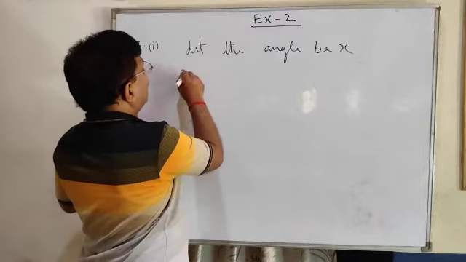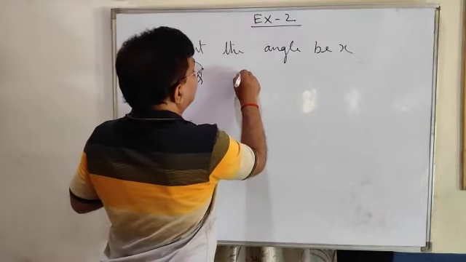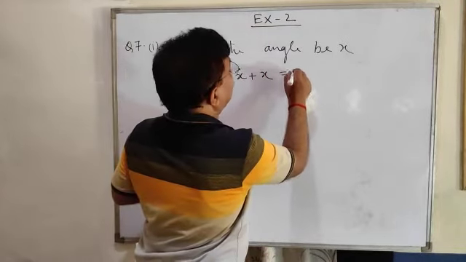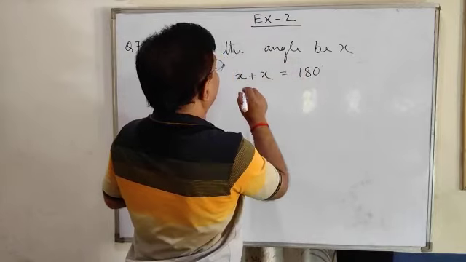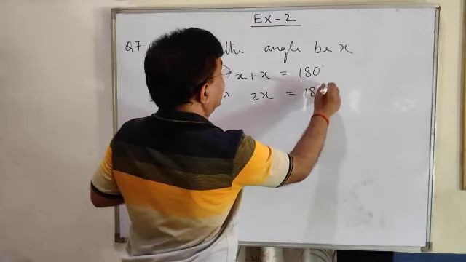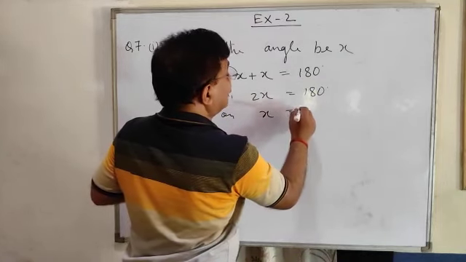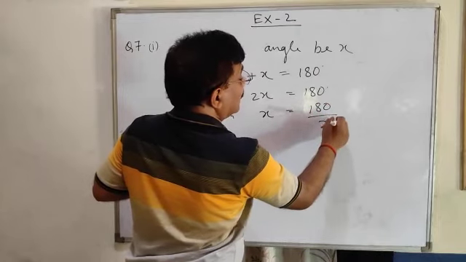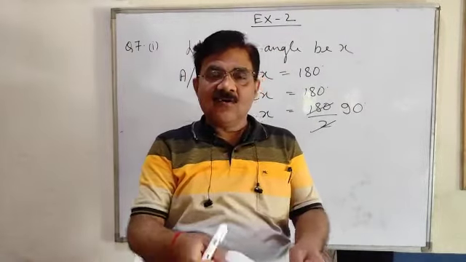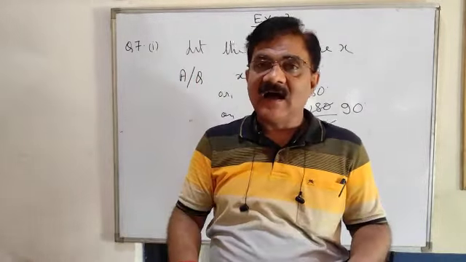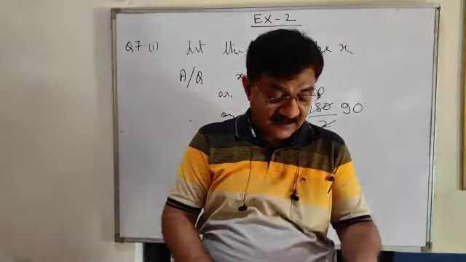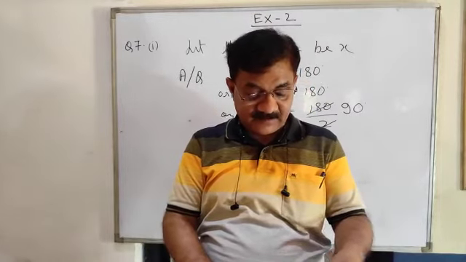According to the question, x plus x, both the angles are equal and they are supplementary, 180 degrees, or 2x is equal to 180 degrees, or x is equal to 180 by 2, means 90 degrees. So each angle which is equal to its supplement is 90 degrees. So that part is clear. Question number 7 we have discussed.